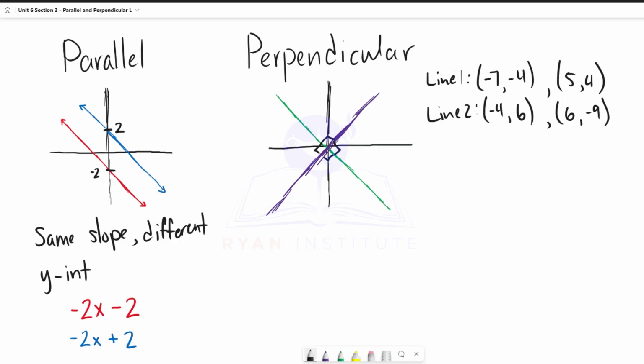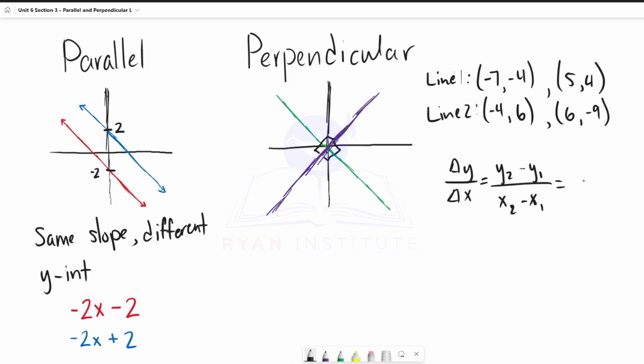Let's first find the slope of each line, and we can do that by our change in y over change in x formula, which if you don't know, is just y2 minus y1 over x2 minus x1.